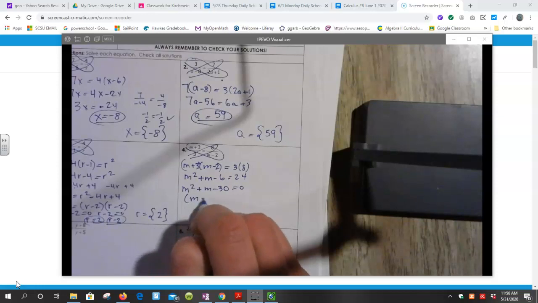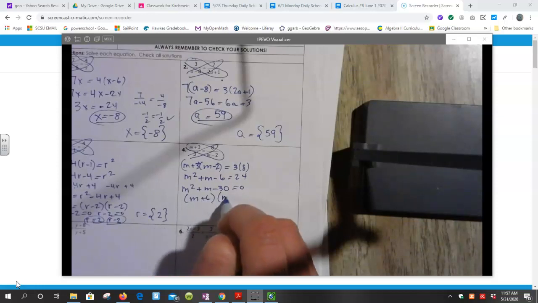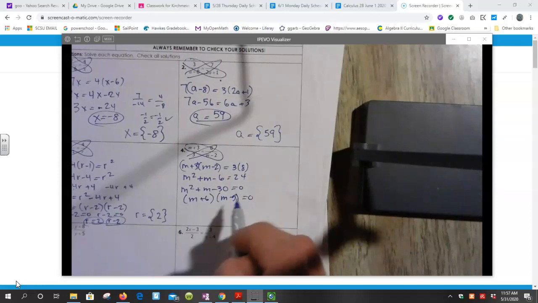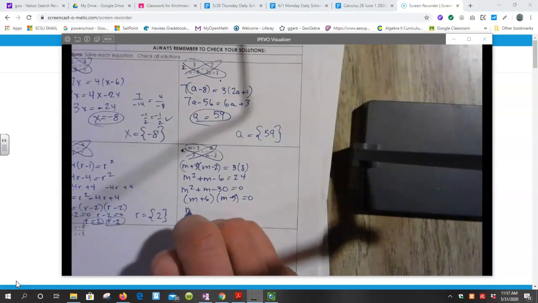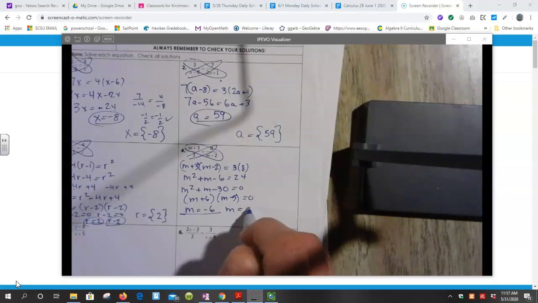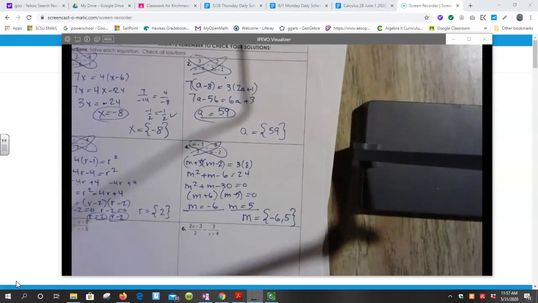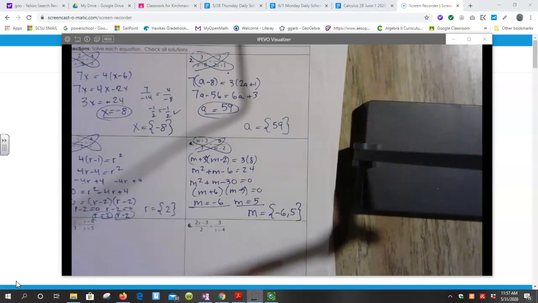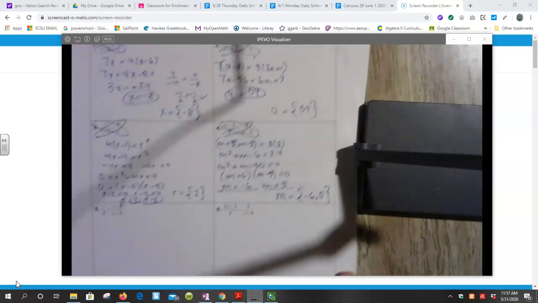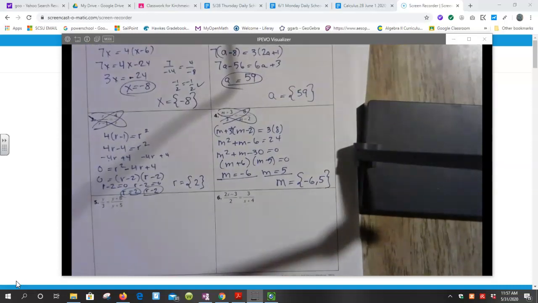And then we'll get m plus 6 times m minus 5 equals 0. So we get m equals negative 6 and m equals 5. And then we write out the answer. m is equal to, and then they're in increasing order, {negative 6, 5}. Okay, just to be formal. Keep on going here.